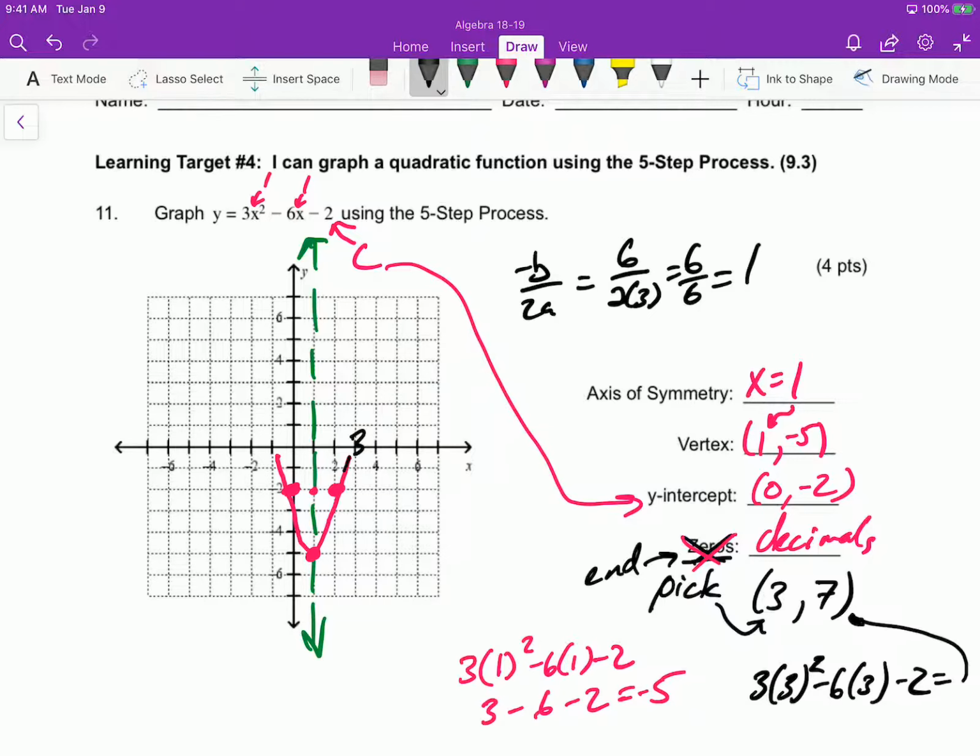So this is a super skinny graph because I have 3, 7 all the way up here, and I go 1, 2, 1, 2 to the left. Reflect that point over. So now if I actually finish my drawing, it has to be a super, super skinny parabola.